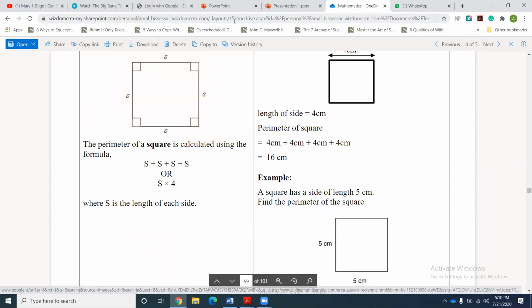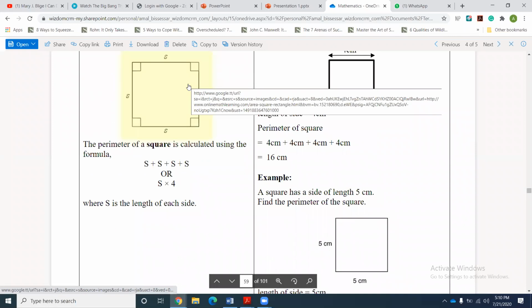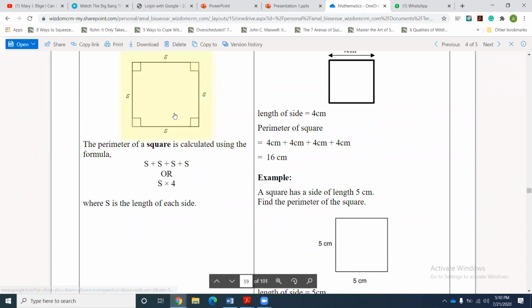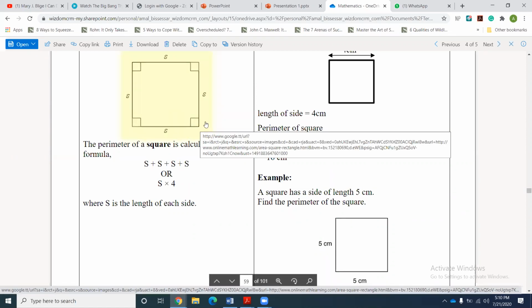So with regards to perimeter of a square, the reason why the formula at the end of everything is side by 4 is because of properties of a square. And the properties of a square means that all 4 sides are equal.